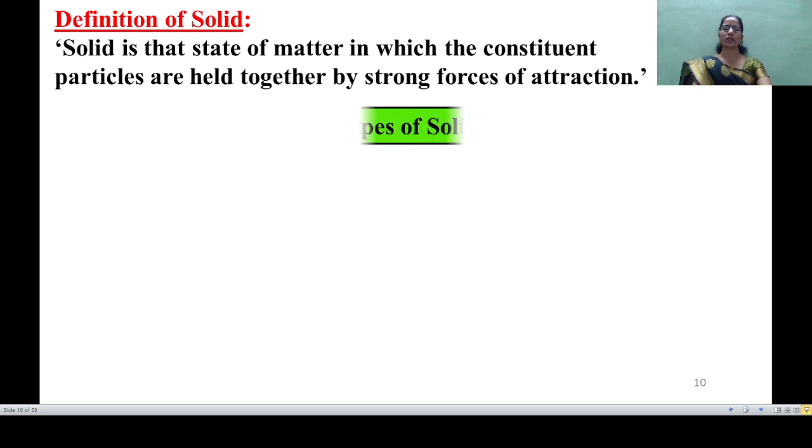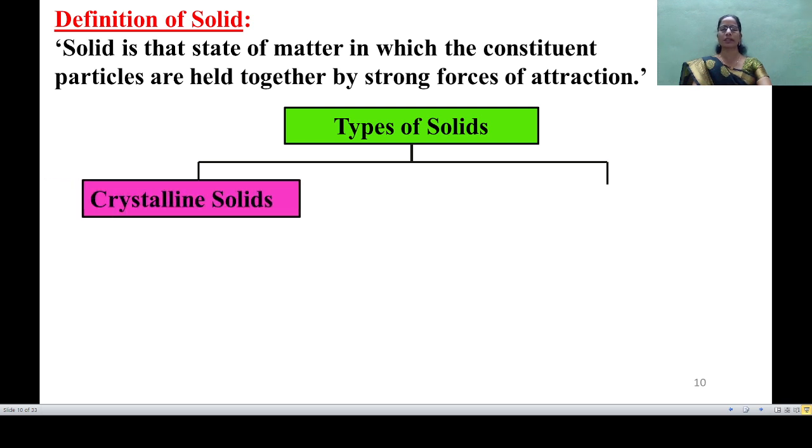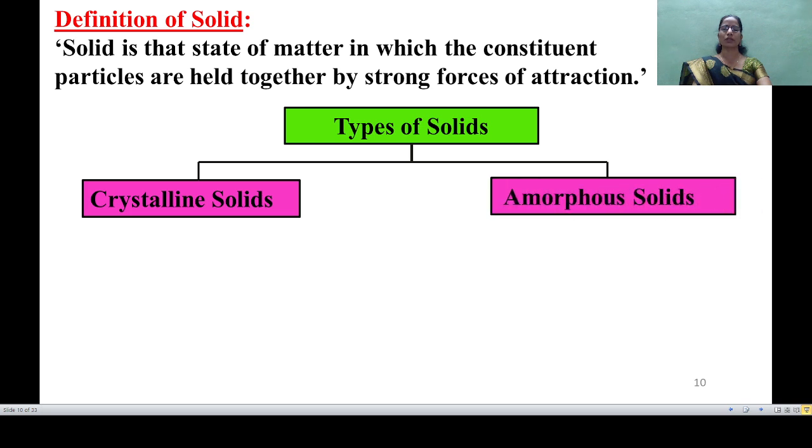Now see the types of solids. On the basis of the arrangement of constituent particles, solids are classified into two main types. The first one, crystalline solids, and the second one, amorphous solids. In order to understand these two types, here I am giving you one simple example.